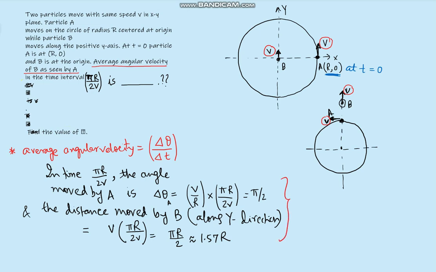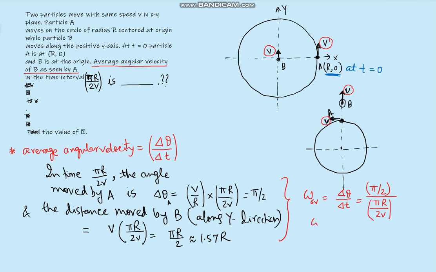So the average angular speed is delta theta by delta t. Delta theta is pi by 2 and the time is pi r by 2v.